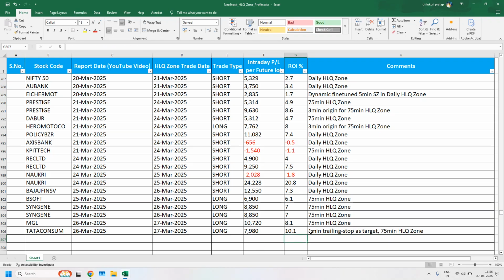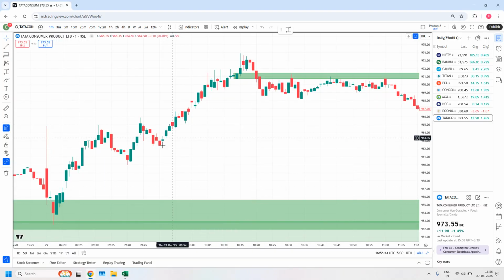That's the target, our target based on this. This is the profit you would have captured at maximum.